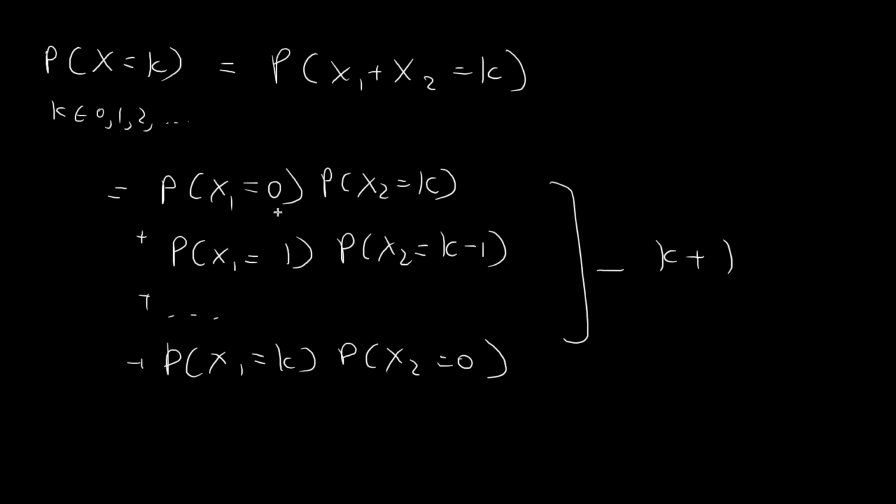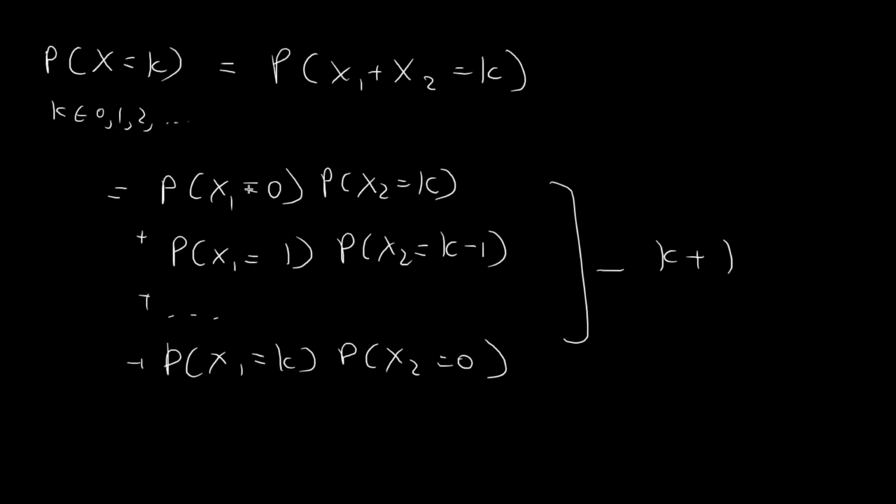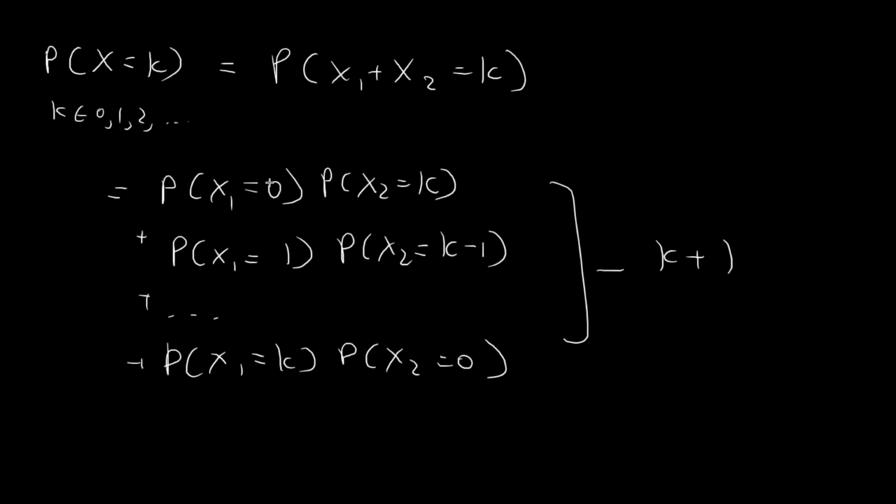X1 goes from 0, 1, 2, 3 all the way to k. So we can rewrite this entire expression with a summation symbol to make it cleaner. We'll use the symbol i as our index, starting from 0 and going all the way to k.